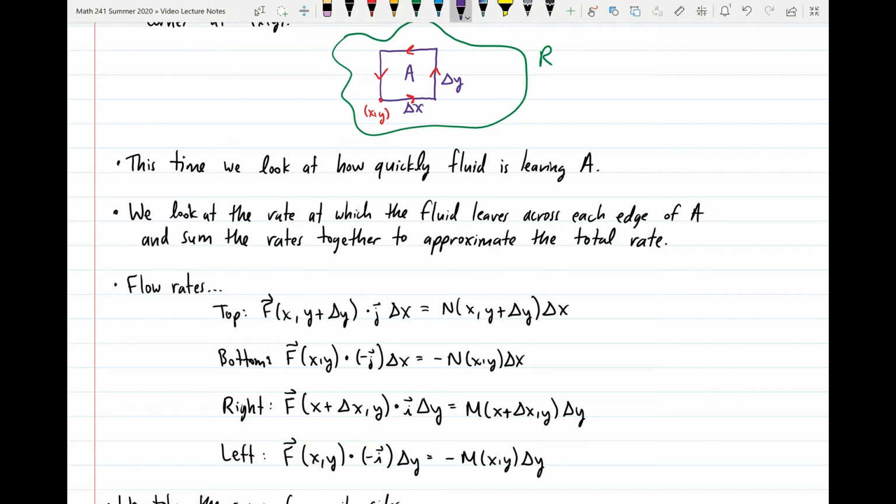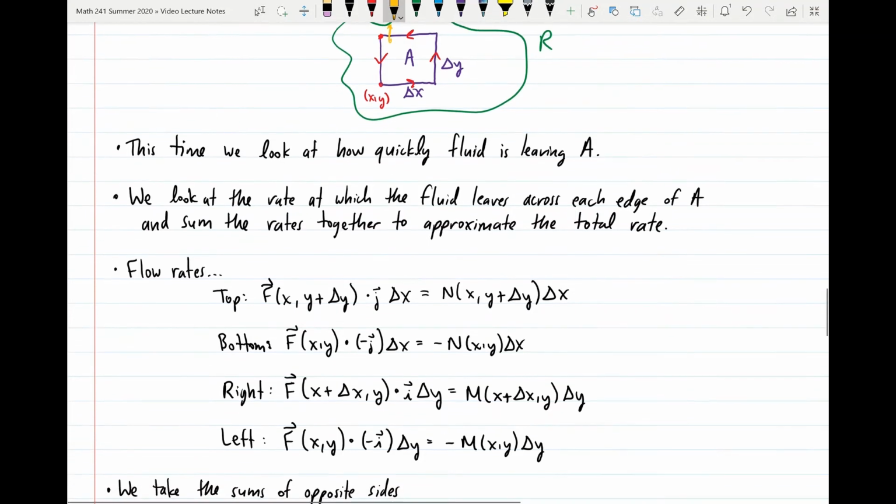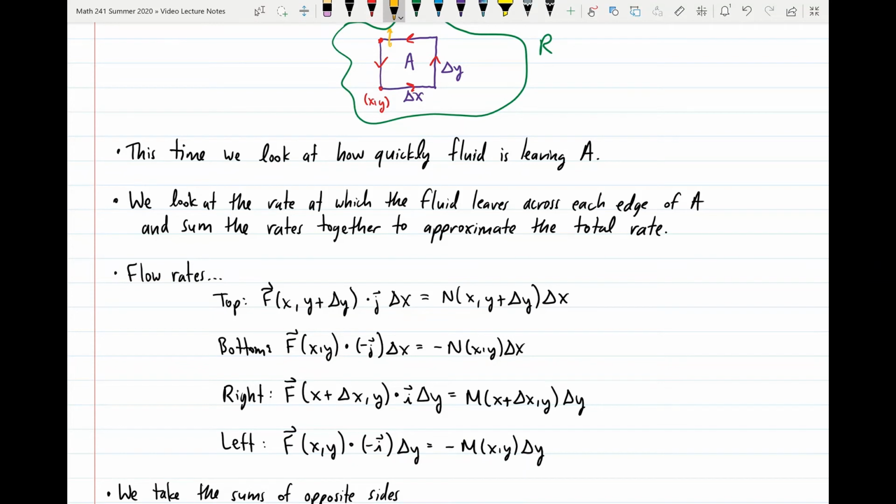So in this case, we are looking at this point up here, just like we did for circulation density, and we're getting the velocity vector at that point by plugging it into our vector field f, and then we're taking the dot product with j, because we want to know the scalar component of that velocity vector in the positive y direction, because that'll give us how much fluid is actually leaving out of that upper boundary there. And we multiply by delta x because that's the length of the top boundary.